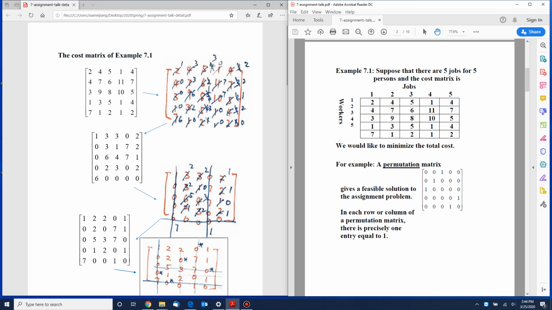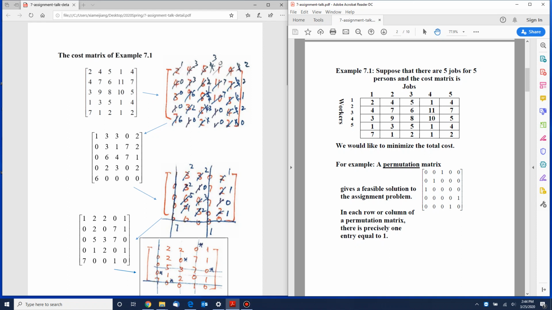And here, to minimize it, we first introduce a permutation matrix. A permutation matrix is a matrix where all the entries are either 0 or 1, and most of them are zeros. Each row and each column can have only one 1.